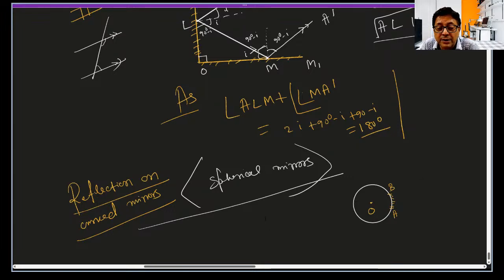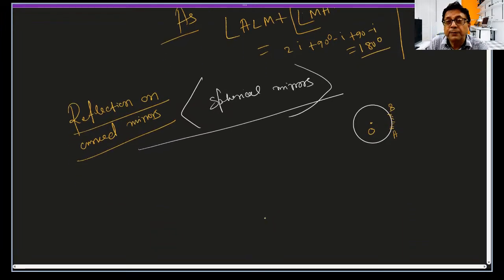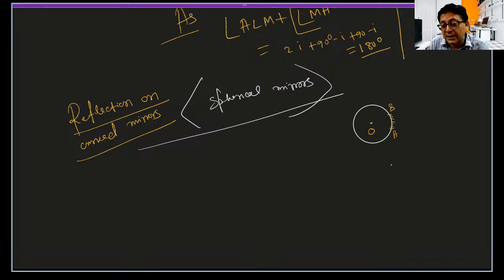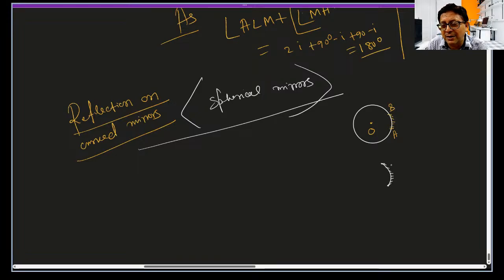What kind of mirror is this spherical one? Let us take it out. If we have a mirror like this, concave towards the medium, no need to say, just one part silvered, quite obvious. So there is a center of curvature. This is called the pole. This midway point is called the pole. This is the center of curvature. If you join these two, you will get the principal axis.